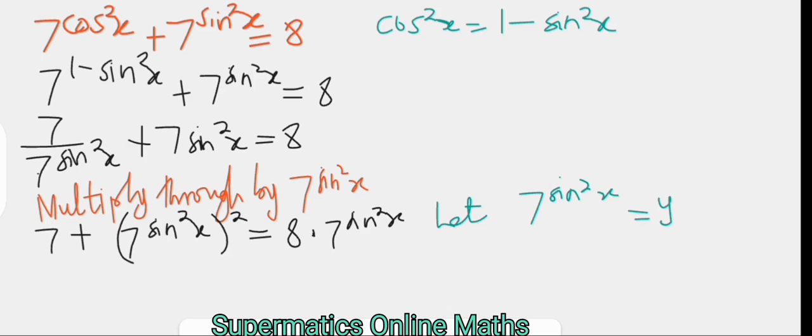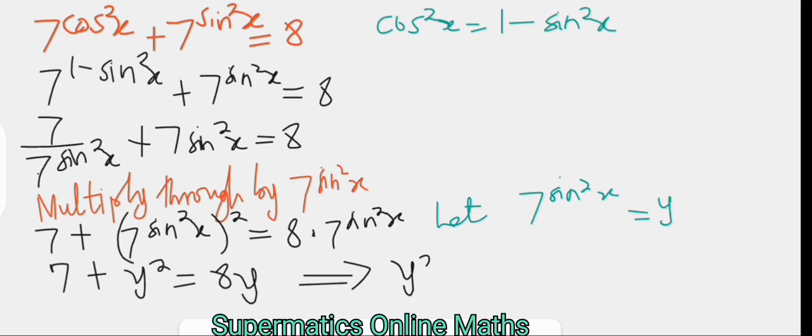This leaves us with 7 plus y squared equals ay. Then reorganizing this quadratic equation will give us y squared minus 8y plus 7 equals 0.